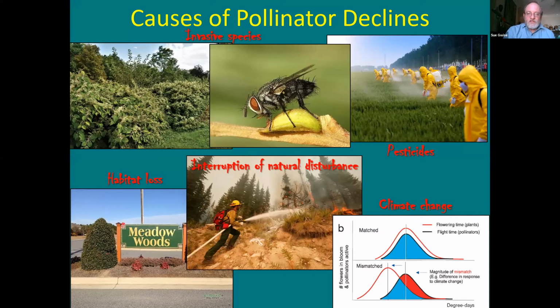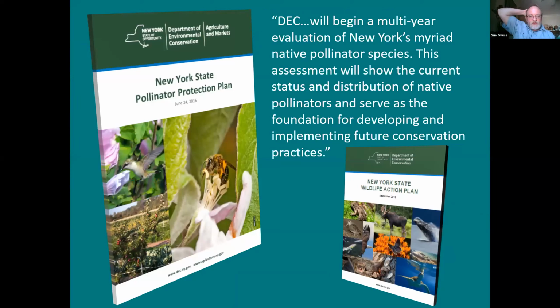So these sort of concerns led to action at the federal level. There was a pollinator task force that President Obama charged with developing federal priorities, and that trickled down to the state level, not necessarily with money, but with a directive to develop a pollinator protection plan. And New York State did that in 2016.